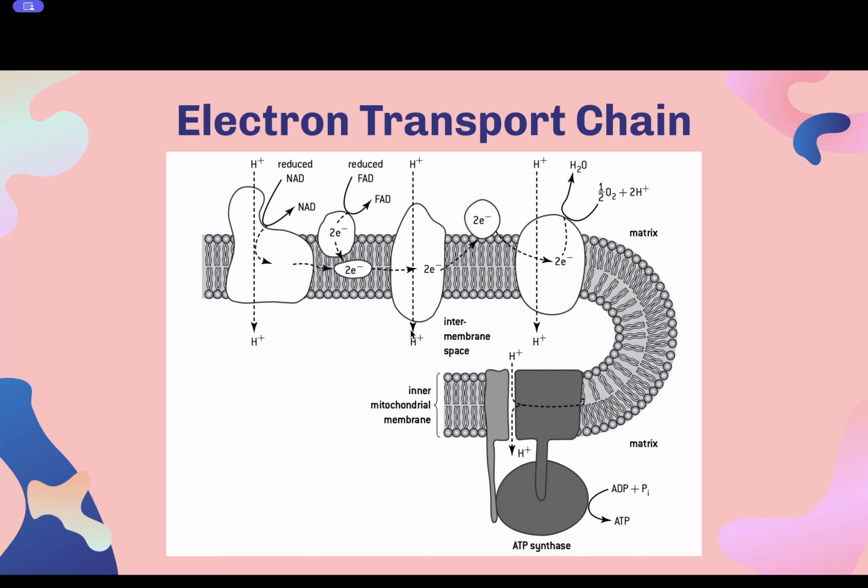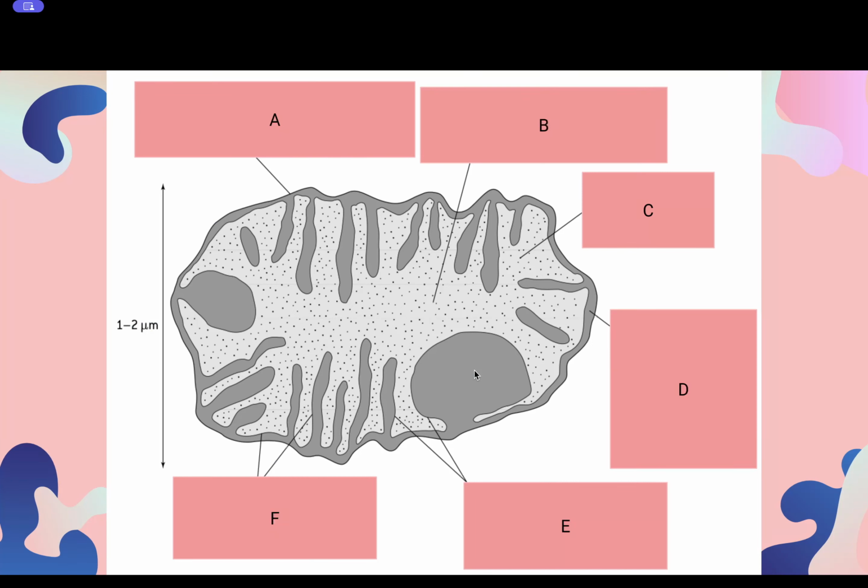This is the intermembrane space, and this is the matrix. The matrix is the inside of the mitochondria, so the dotted parts are all the inside of the mitochondria. That's the matrix.